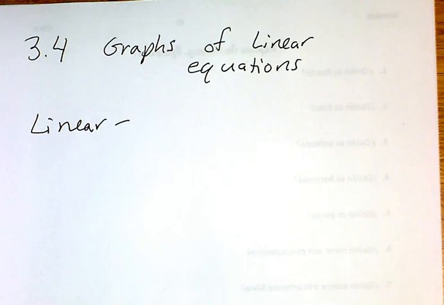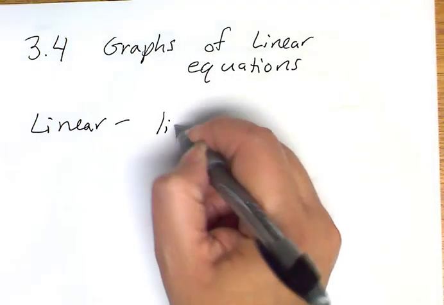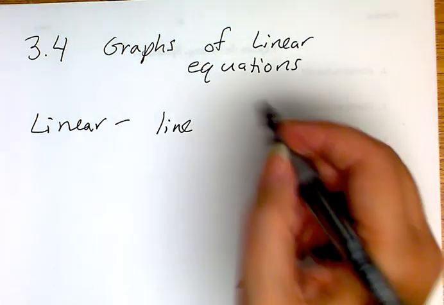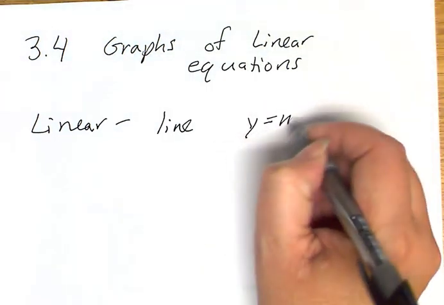A straight line, right. Linear is a line. When you think of an equation of a line, what do you think of? You have y equals mx plus b.